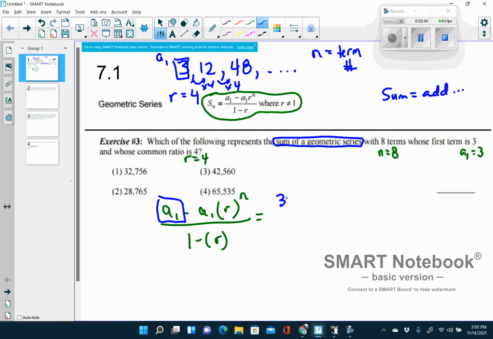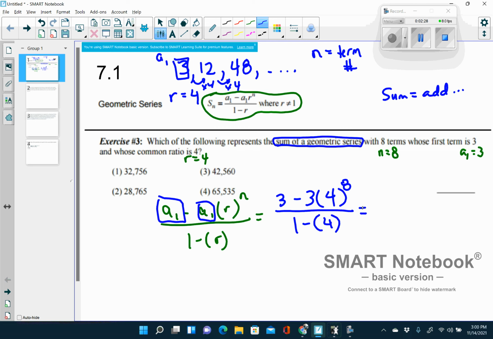So I go 3 minus, our A1 again, 3. I told you to put parentheses. The R goes next, which in this case is 4, to the n power, the n is equal to 8. So I put an 8 right there, all over 1 minus, and our R again here is 4.